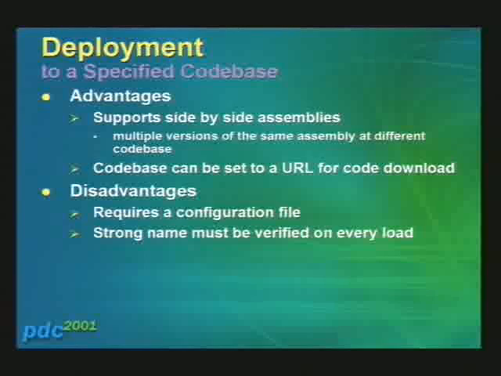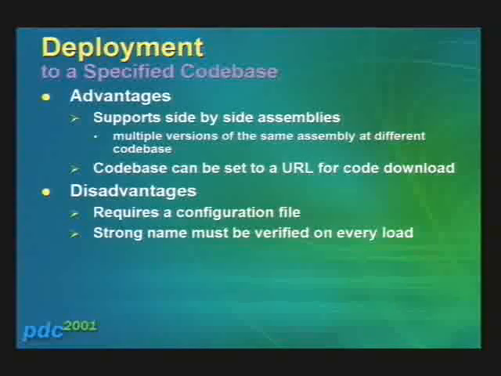And I can reference a particular assembly with a particular name and give it a URL where that assembly can be found. It's a URI, actually. It can be in the file system, it can be on the web. If it's on the web, it'll be downloaded. And so that's pretty compelling.